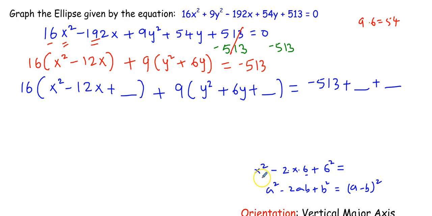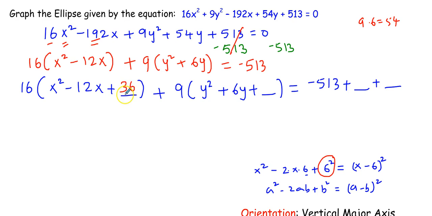So this x square minus 12x plus 6 square gives you that x minus 6 whole square, which is a perfect square. So in this expression we need 6 square. 6 square, that is 36, I have to add here, so that the whole thing x square minus 12x plus 36 will change to x minus 6 whole square in our next step.